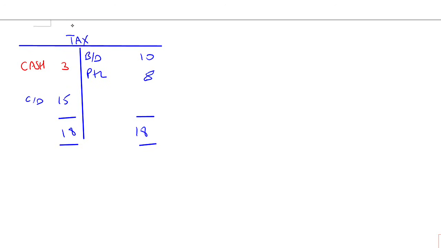If you don't like that, you could use a schedule. Brought down 10, profit and loss 8, miss a line. It works just the same, doesn't it? Carried down in the closing balance or statement of financial position 15. Cash drops out as the balancing figure, therefore, which is 3.